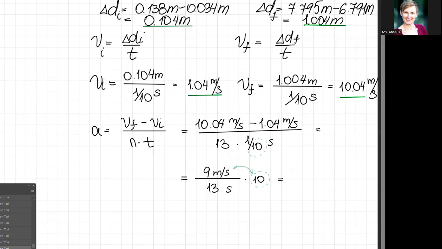And when you do that, you get 6.92 meters per second squared. And that is the acceleration of the cart that is moving at an angle of 45 degrees.